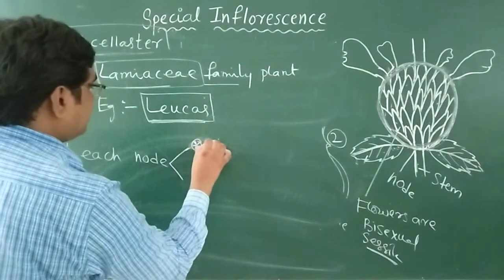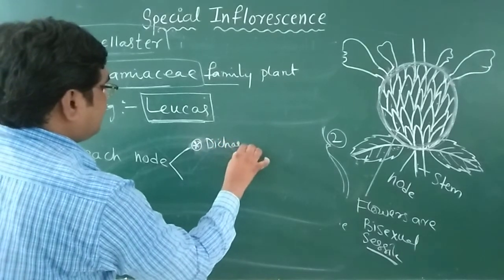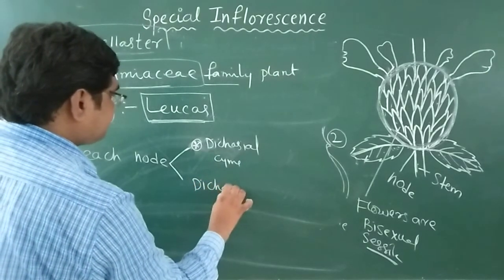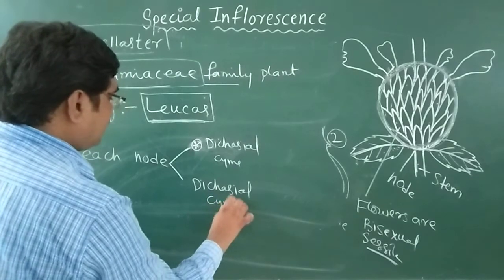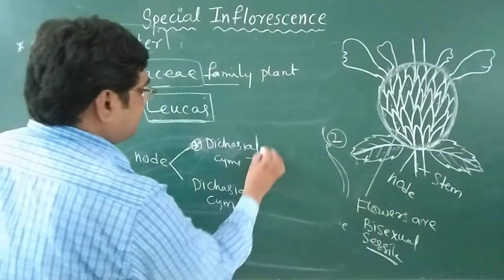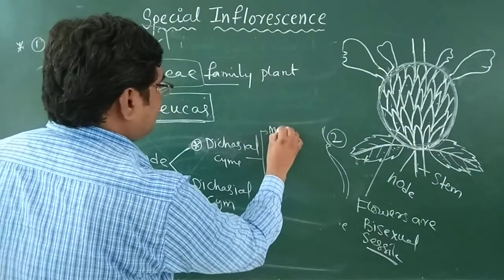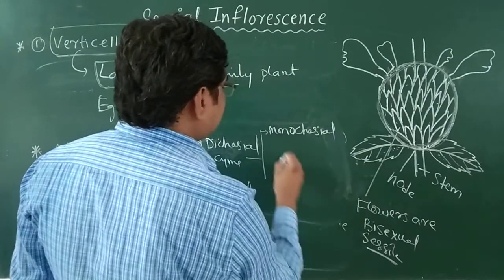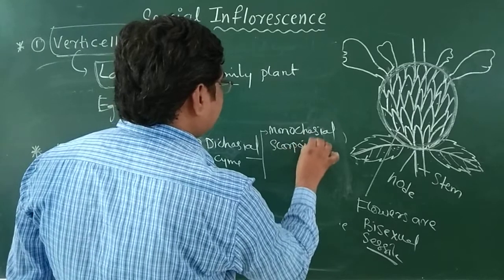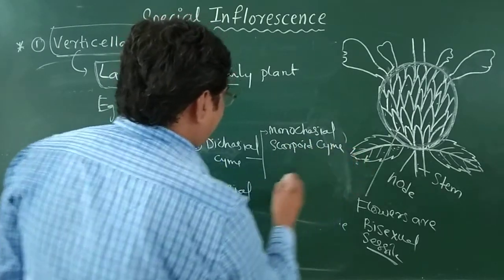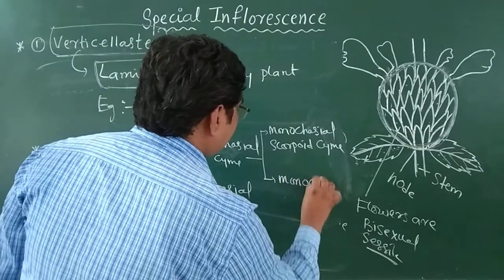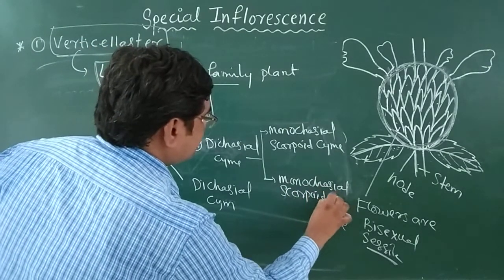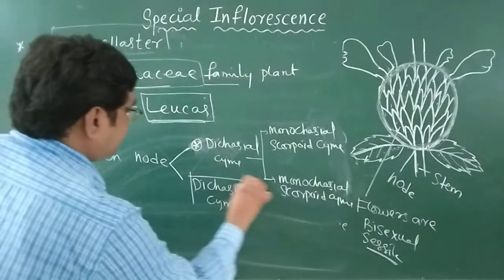This is the first one, a dicasial cyme, and here also one dicasial cyme. Each dicasial cyme ends with two monocasial scaphoid cymes. Here also a monocasial scaphoid cyme. This is one dicasial cyme.